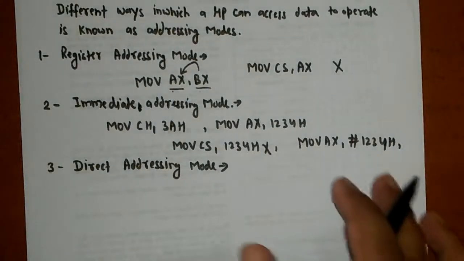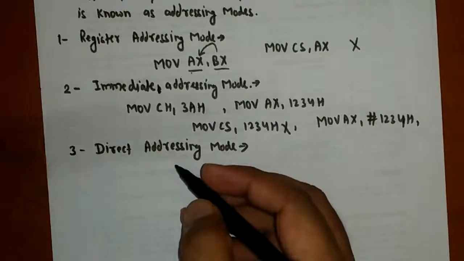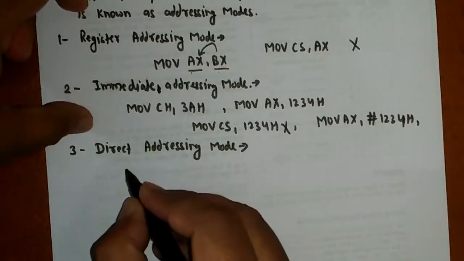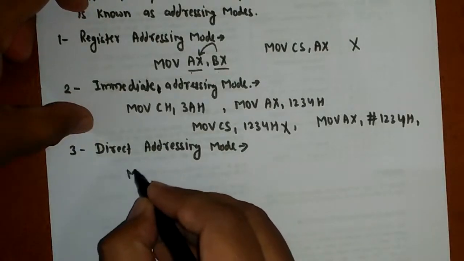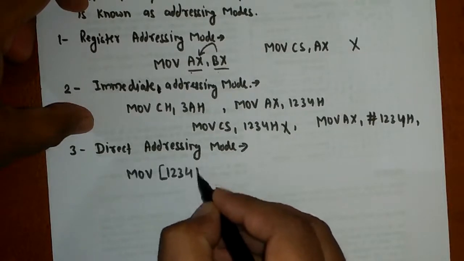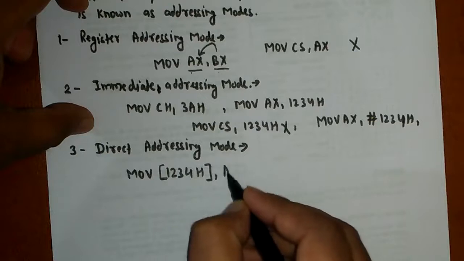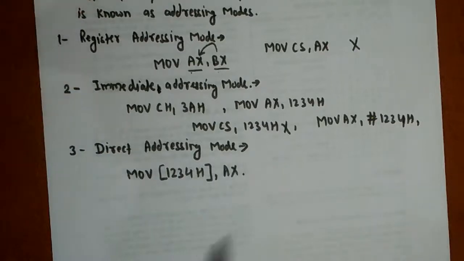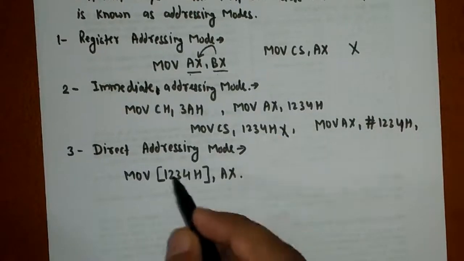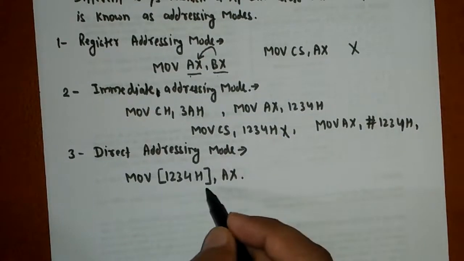Now direct addressing mode means that in the instruction the address will be given directly. If I am writing an instruction MOV [1234H] comma AX, first of all, you should know that till now I have never used the bracket symbol.